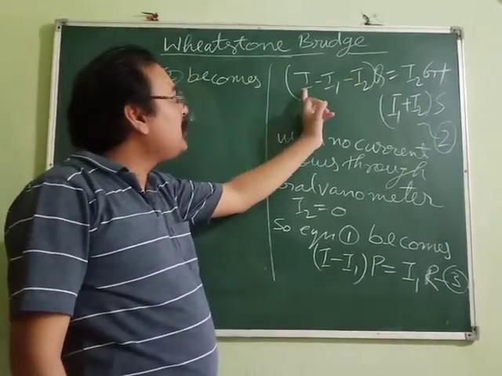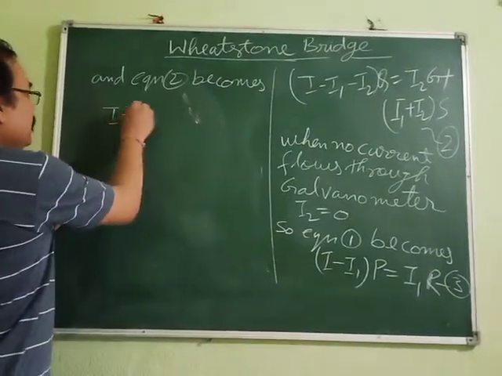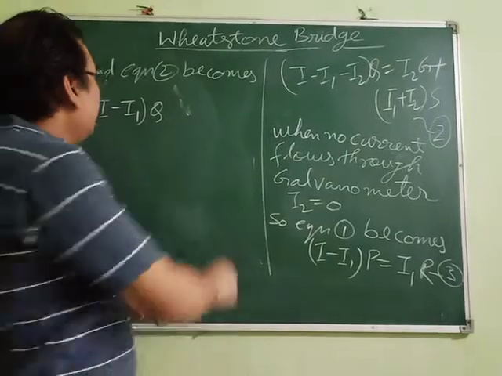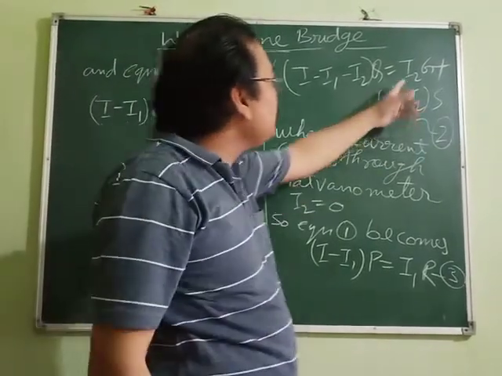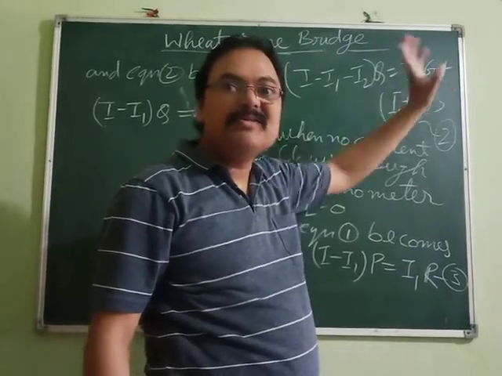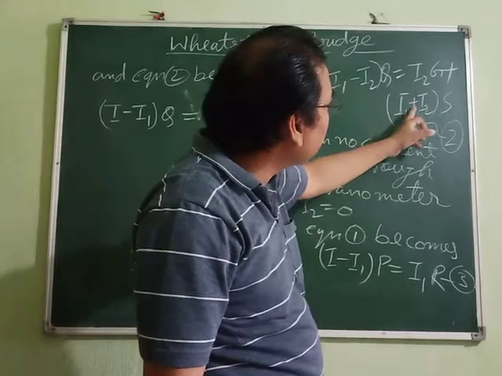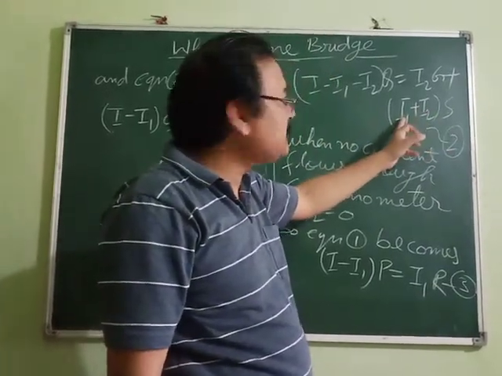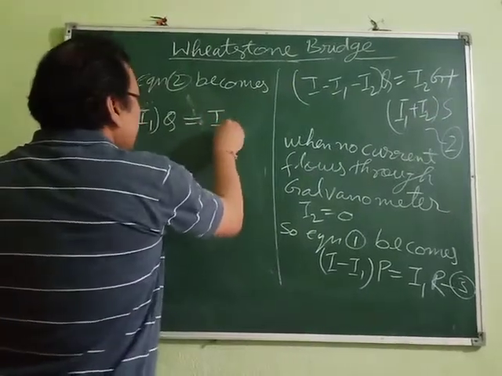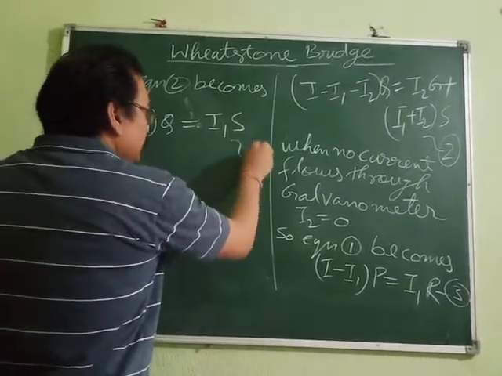We will have I minus I1 into Q, and the equal to sign is there. Here I2 is 0, so I2 into G is 0. What about here? I1 plus I2, I2 is 0, so 0 plus I1 is I1 only. So we will get I1 into S. This is our equation number 4.